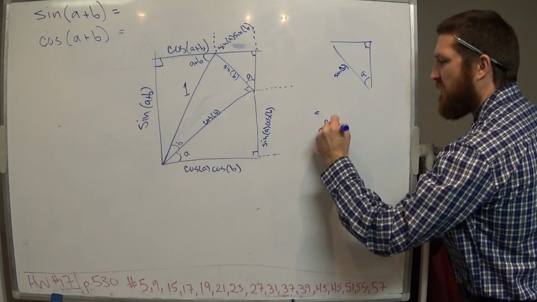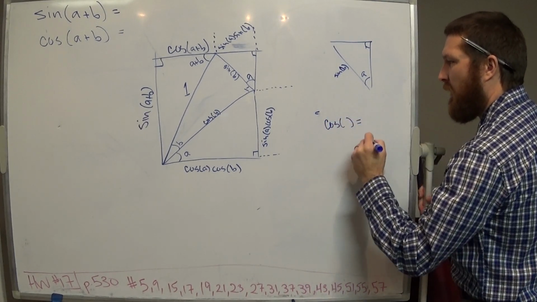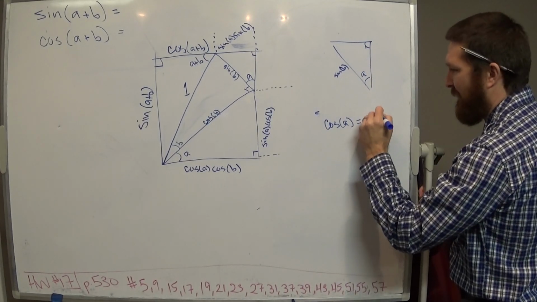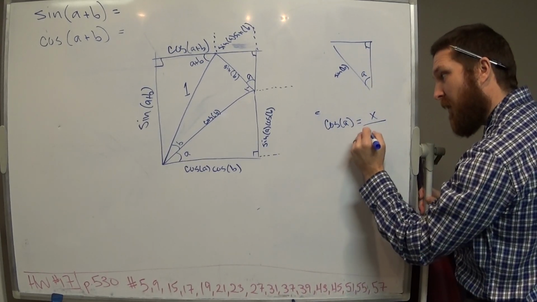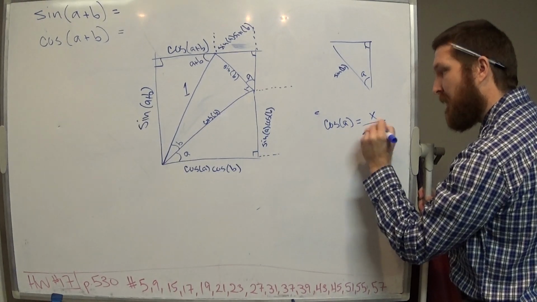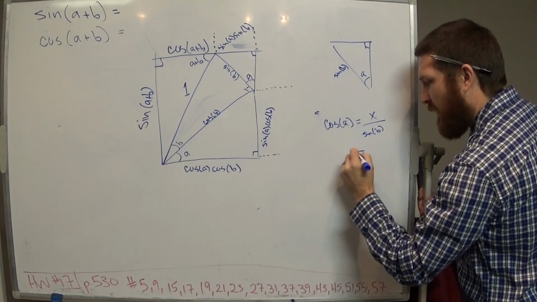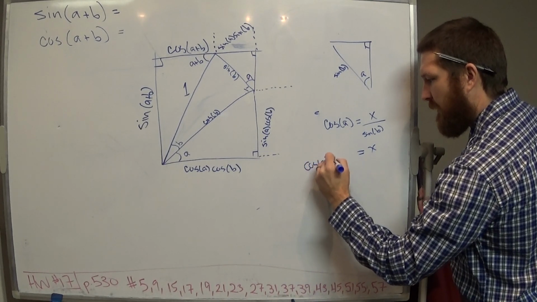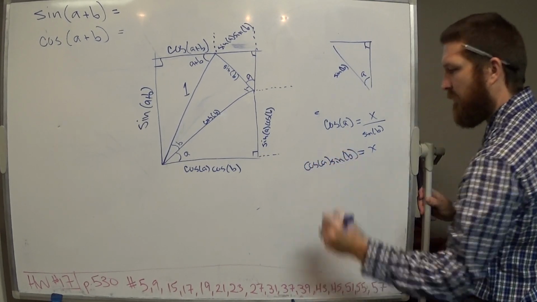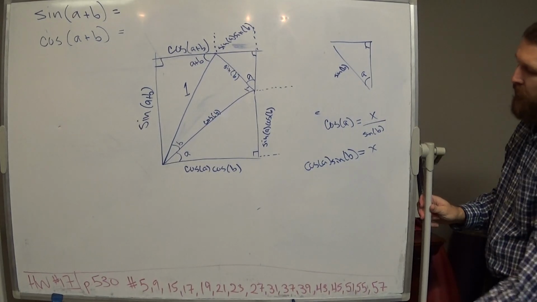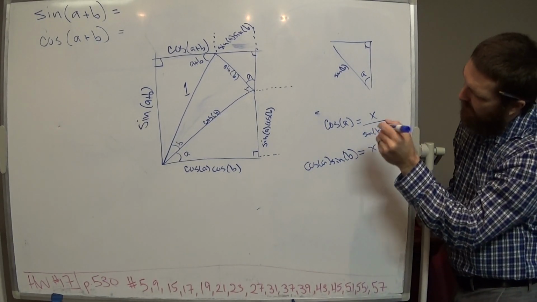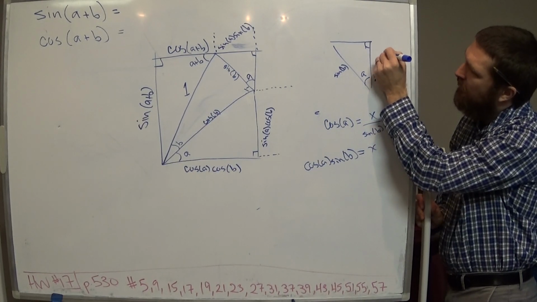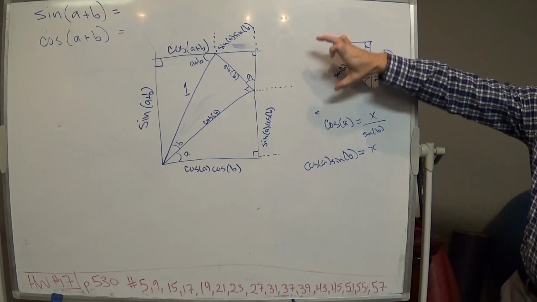Cosine. Cosine of A equals x, the length we're looking for, over sine of B. So that length is equal to cosine A times sine B. I'm going to write it as sine B cosine A. This is sine B cosine A right there. So that's that length right there.